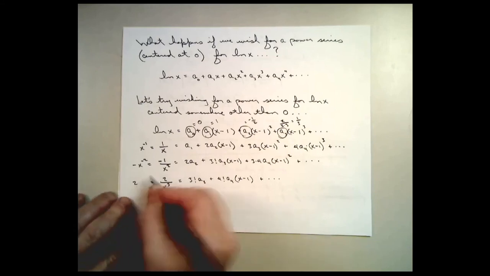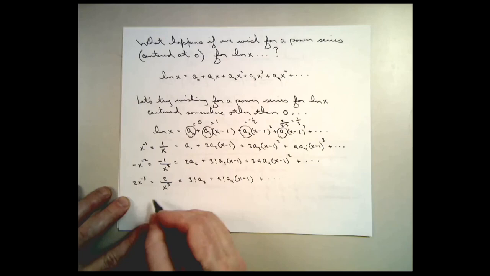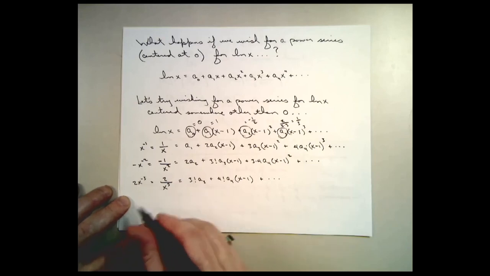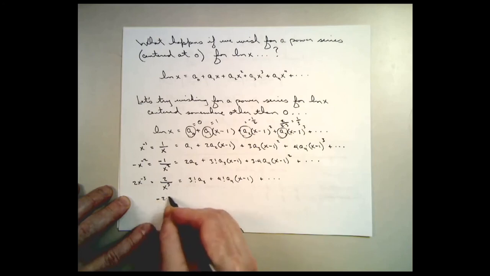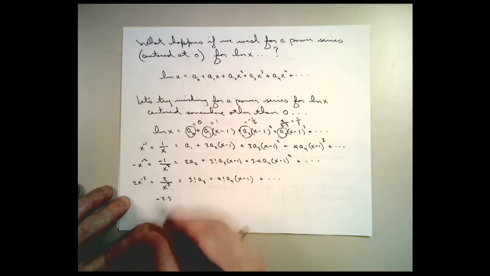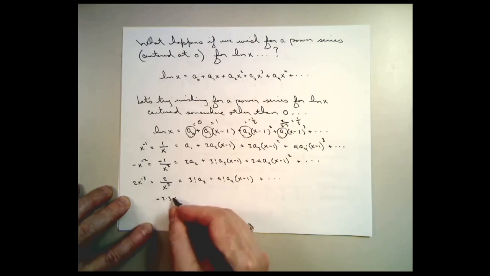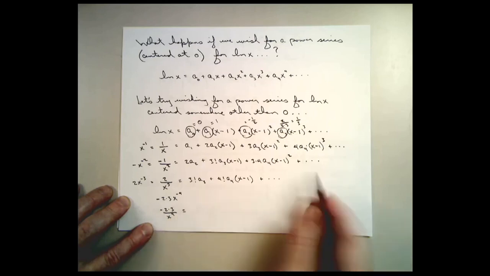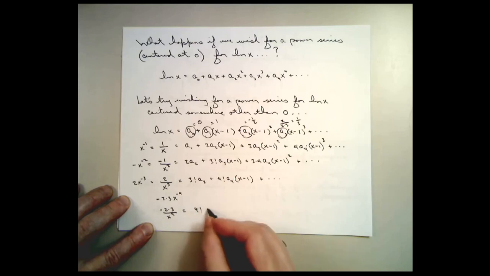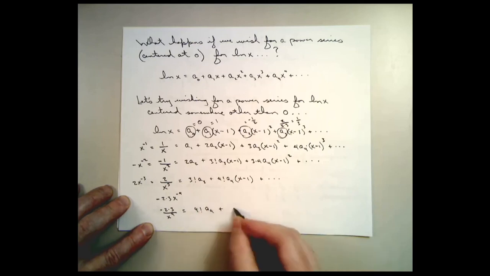So this is 2x to the negative third. If I take its derivative, I get negative 2 times 3 times x to the negative fourth. So I get negative 2 times 3 over x to the fourth. The derivative over here is going to be 4 factorial a4 plus some stuff.